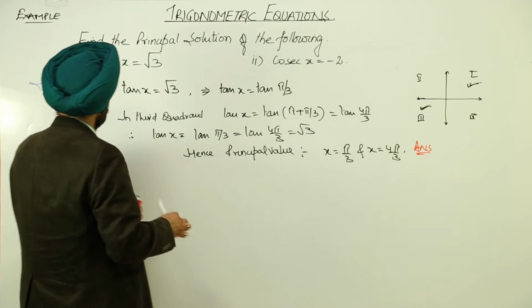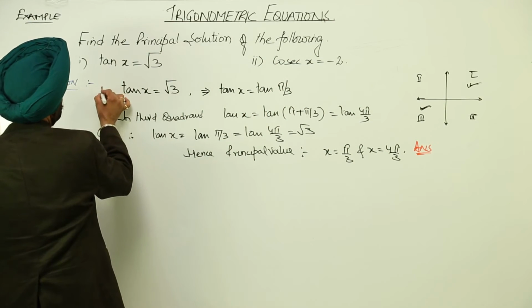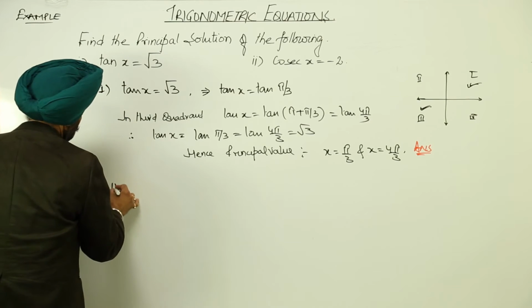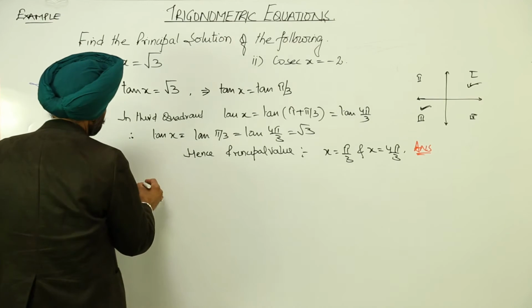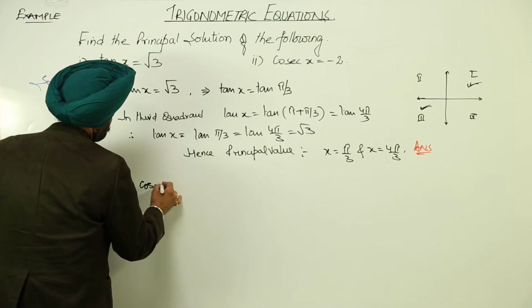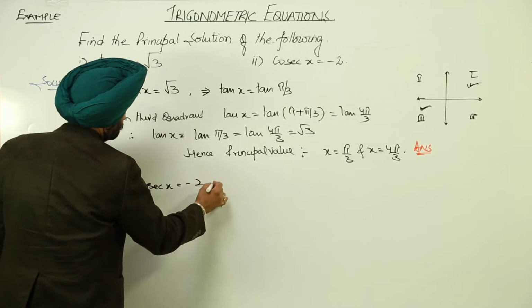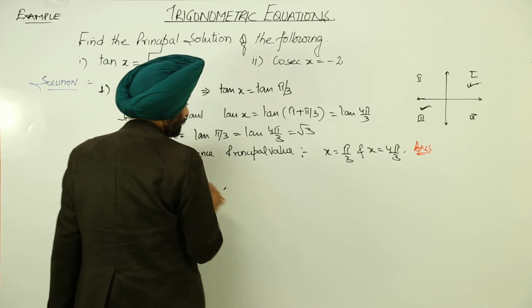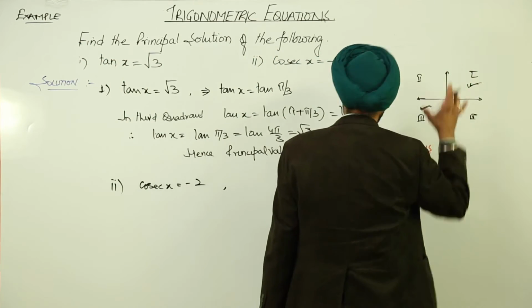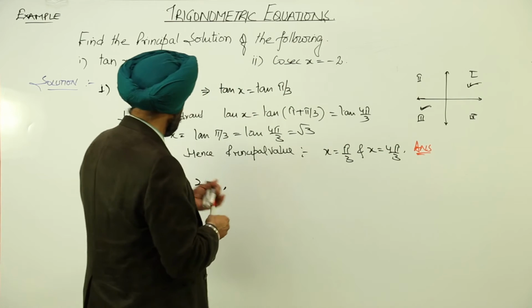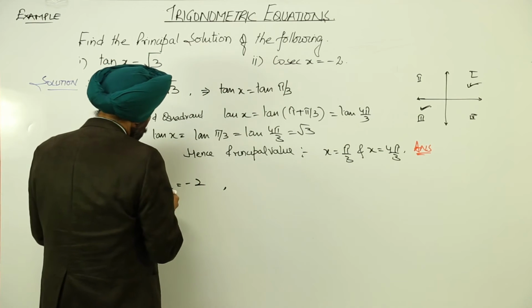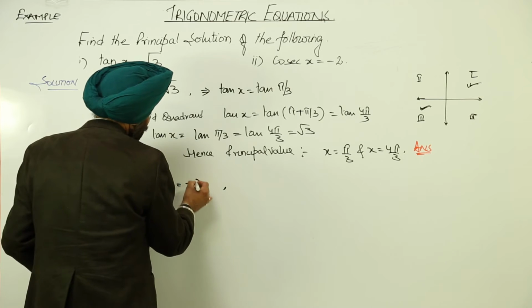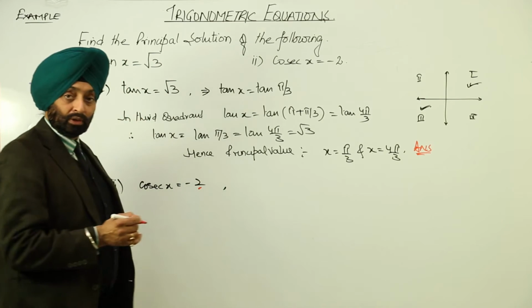Now for number 2, we are given cosecant x is equal to negative of 2. Now let's check it again for this part. Cosecant x equals negative 2, we want this.